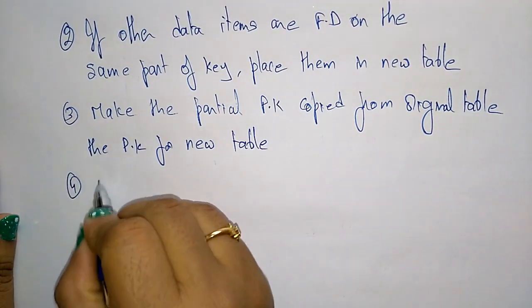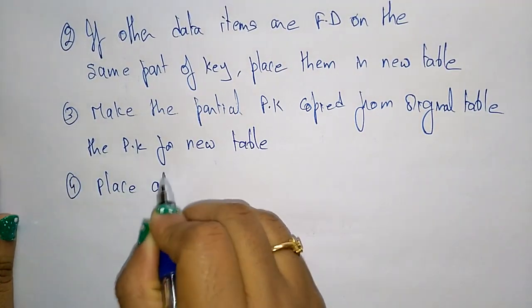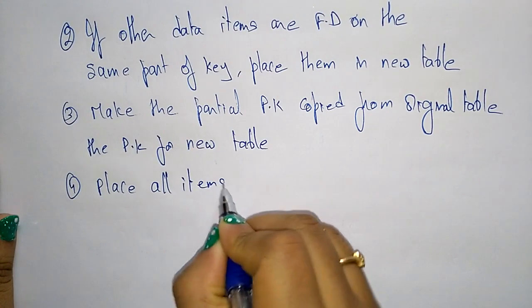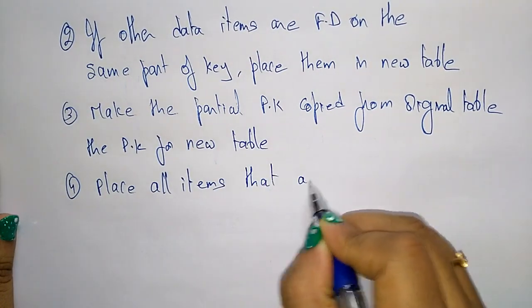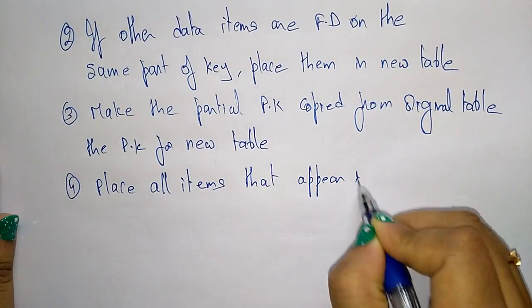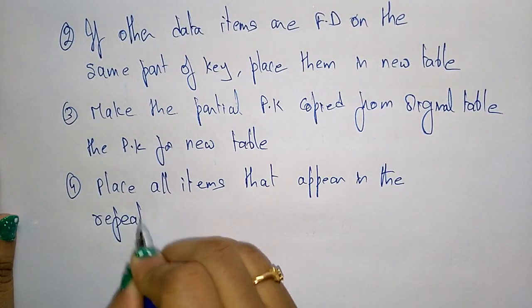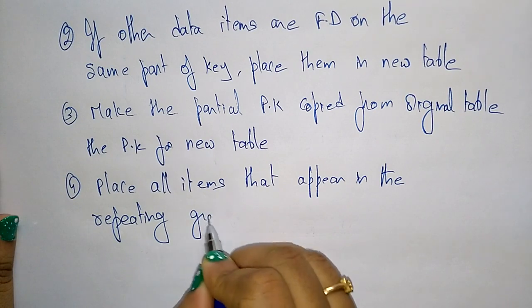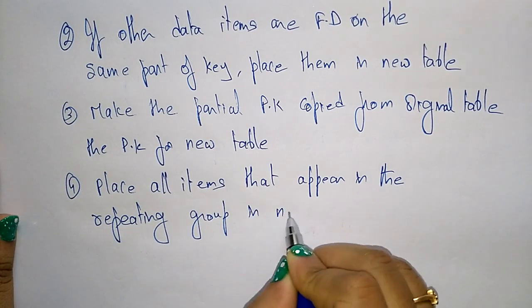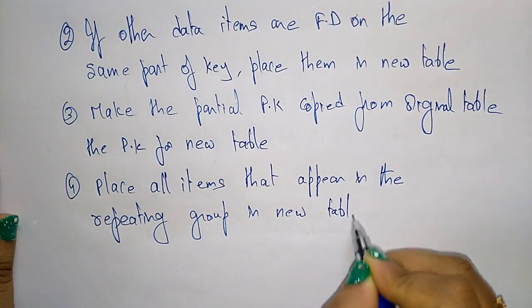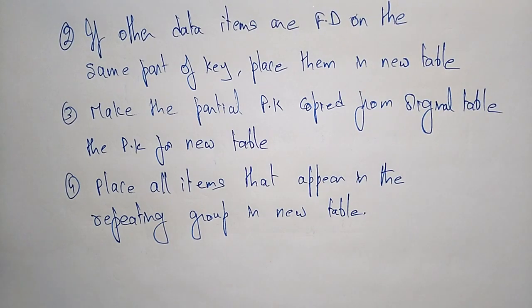And next, place all items that appear in the repeating groups in the new table. So these are the steps you have to follow if you want to decompose the table into 2NF.